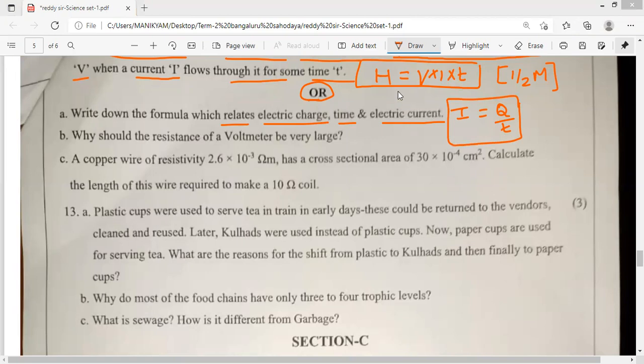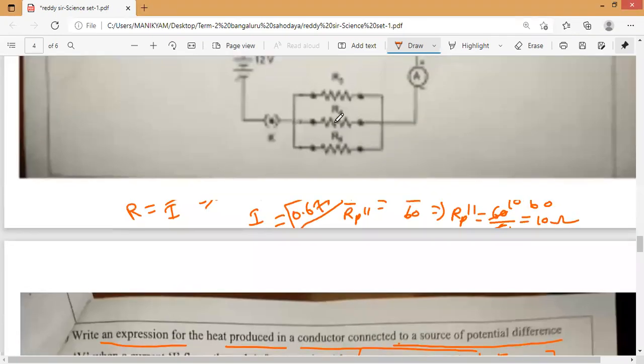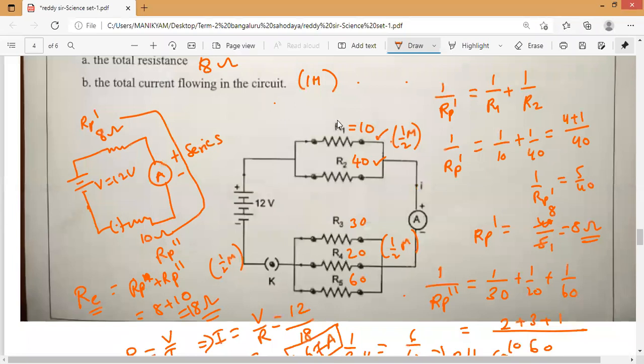Karthikeyan is saying 8 and 10 are in parallel. How, Karthikeyan? Both are in a side-by-side connection. Like this, this is 8 ohm and this is 10 ohm. Just I am bending the wire here. Instead of taking it straight, I take 8 ohm here and 10 ohm there. Or else I take 8 ohm here, extend the wire down, and take 10 ohm here.